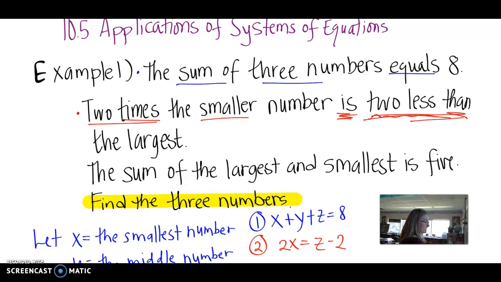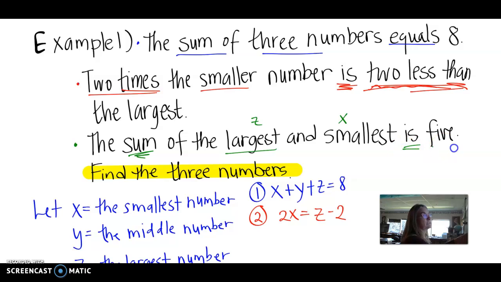The third equation is going to come from this third statement. The sum, again, sum means we're going to add, the sum of the largest, which is z, and the smallest, which is x. So the sum of those two equals 5.